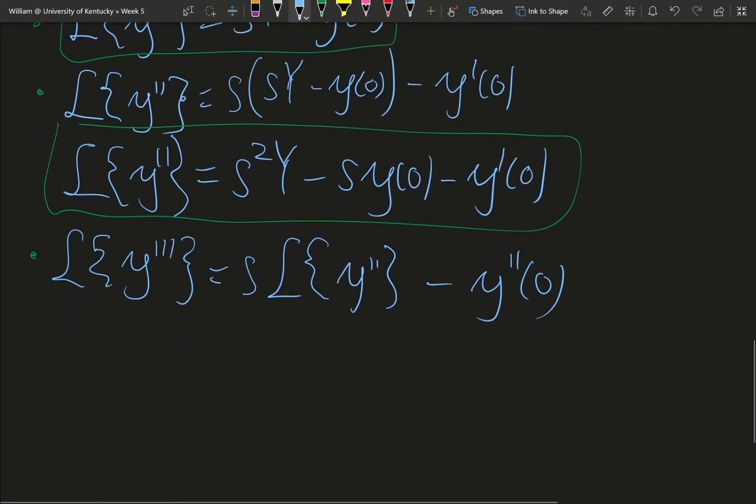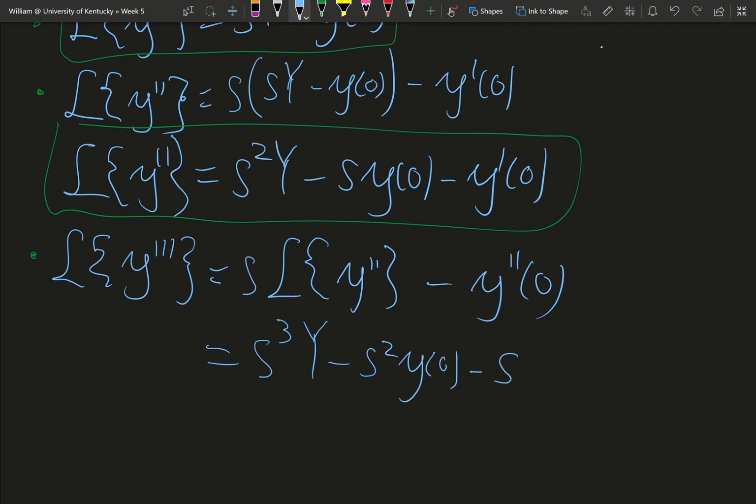And if we simplified that out, we would get s cubed times Y minus s squared times little y evaluated at 0 minus s times y prime evaluated at 0 minus y double prime of 0.